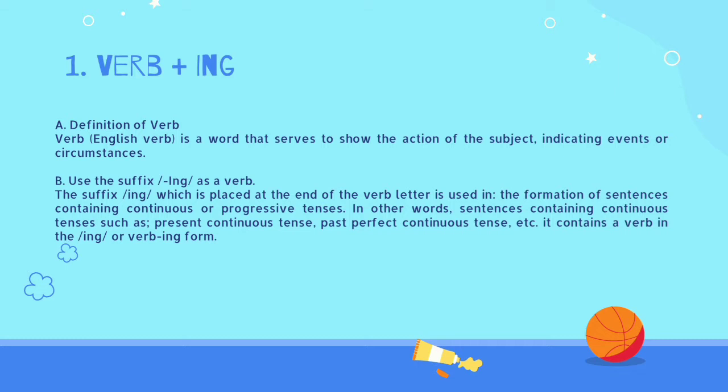In other words, sentences containing continuous tenses such as present continuous tense, past perfect continuous tense, etc. contain a verb in the -ing or verb-ing form.